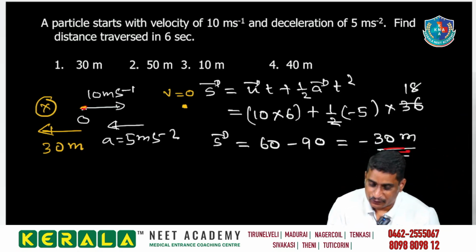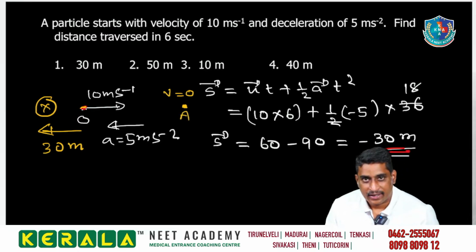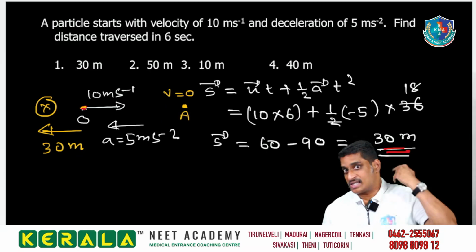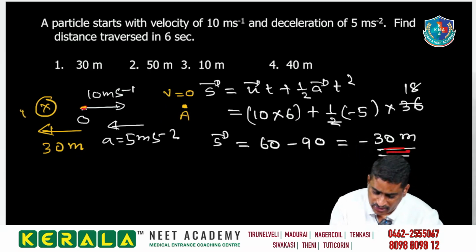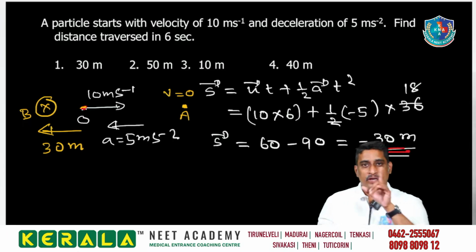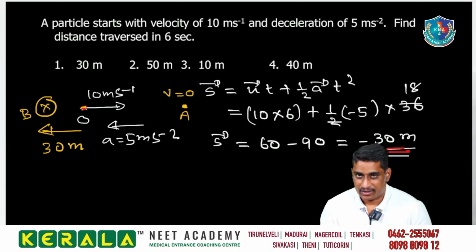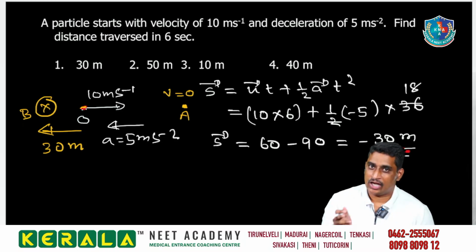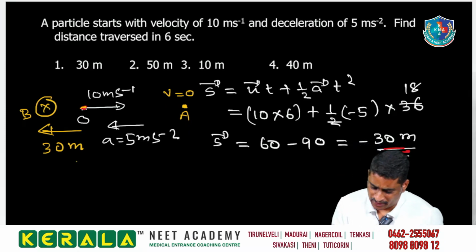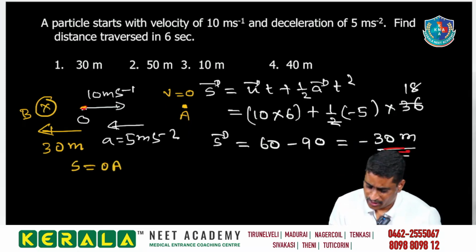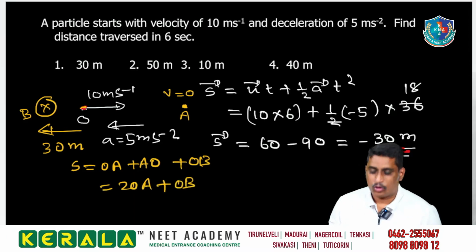Suppose it comes to rest at point A, and finally after 6 seconds, the location of the particle is at point B. Therefore, the total distance covered is OA plus AO plus OB, that is, S is equal to 2OA plus OB.